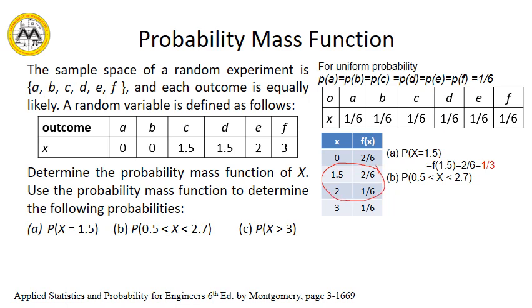So that would be f of 1.5 plus f of 2, which is equal to 2 over 6 plus 1 over 6, which is equal to 3 over 6, or 1/2. For the probability of x greater than 3, since there's no value of x greater than 3, it would be an empty set, and the probability for an empty set is 0.